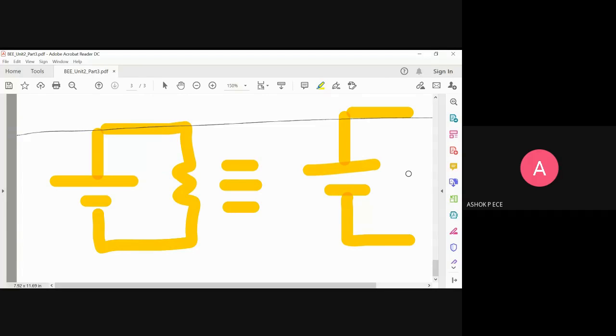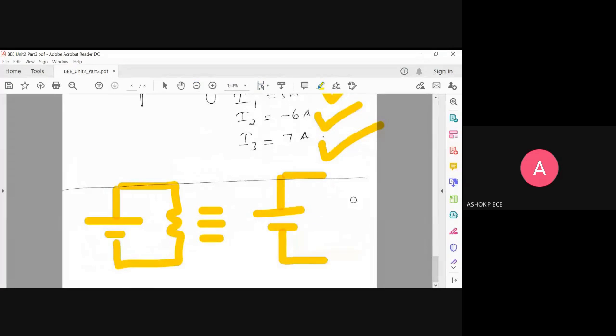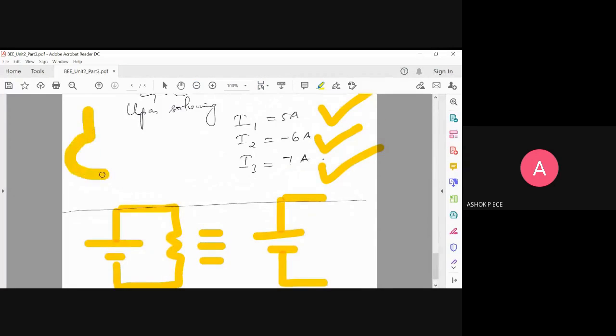I think one problem of this type came, and many of you did not attempt it because you had the wrong combination. It is simple: if you remove that resistance, the problem becomes very, very simple. What is the one more combination left? Whenever you have a current source in series with a resistor, it is equivalent to just the current source alone.